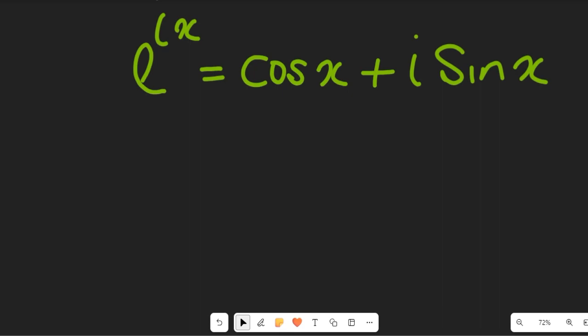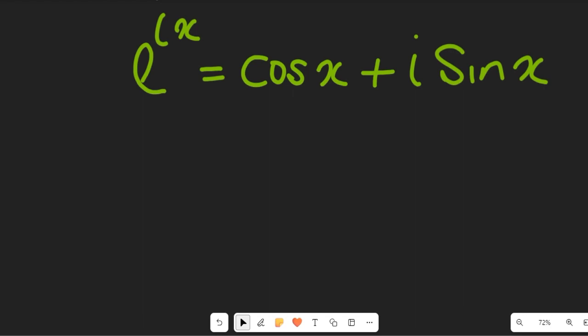So here, e is the base of the natural logarithm, i is the imaginary unit, while x is the angle in radians.